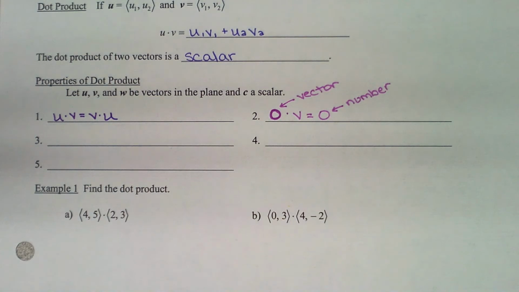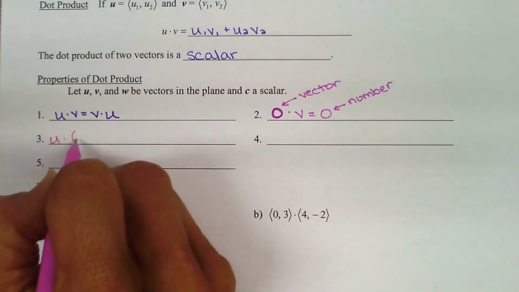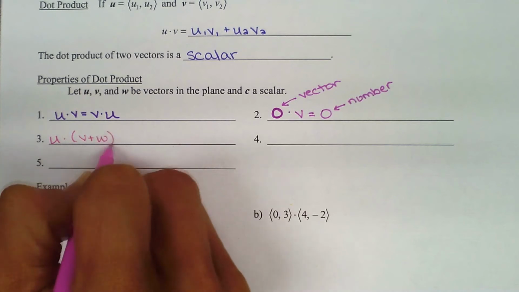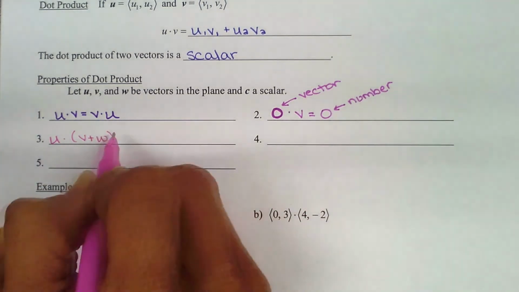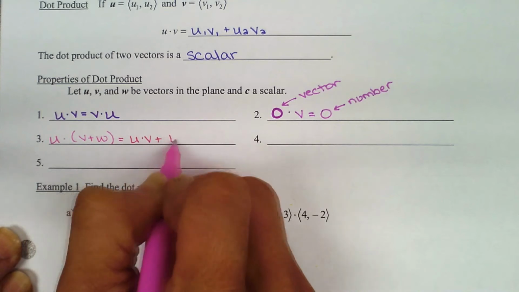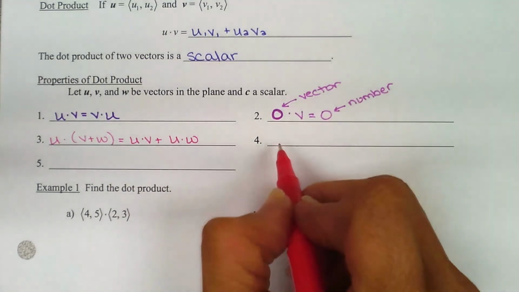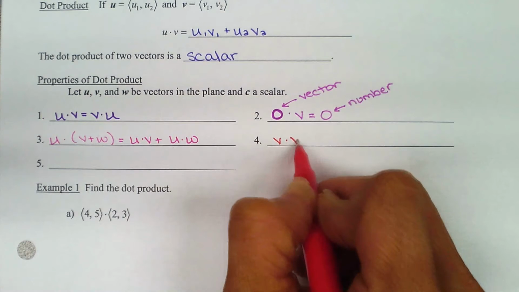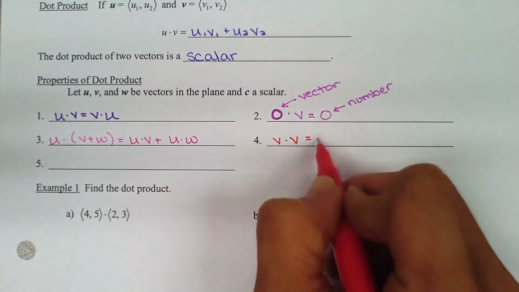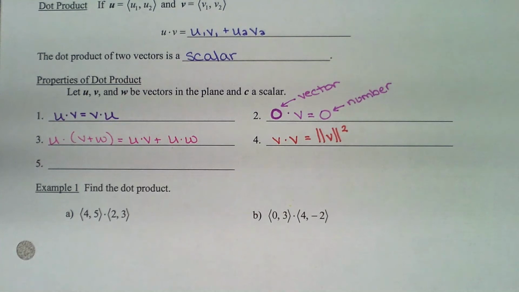The third property is that if I take u dotted with the sum of the vectors v and w, so v plus w, that is the same as taking u dot v plus u dot w. So you can think of this dot product as being distributive. The fourth one is if you take a vector and you dot it with itself, you're going to end up with the magnitude of the vector squared.